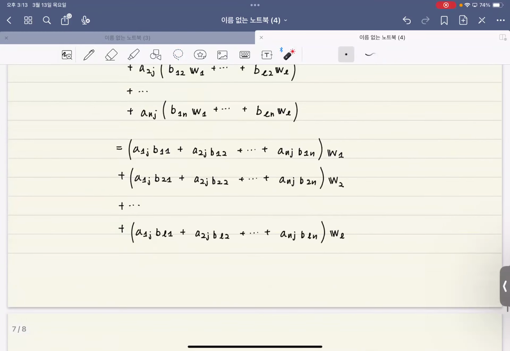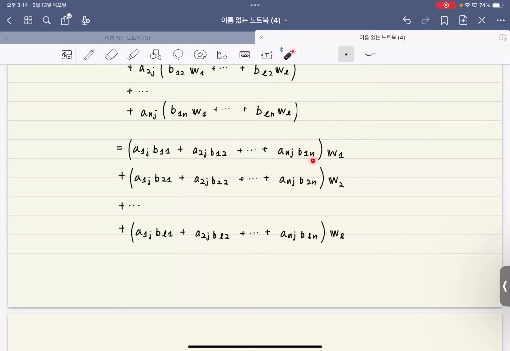Now, take a look at the first term, which is in this parenthesis. For J, what I have here is that the first index of A agrees with the second index of B, from 2 all the way to n.